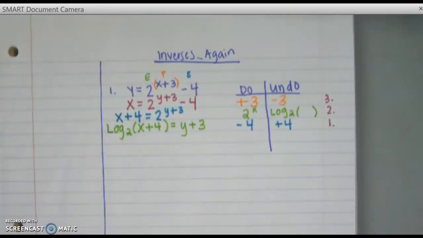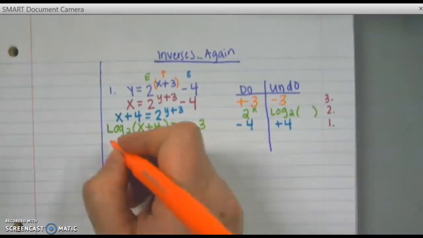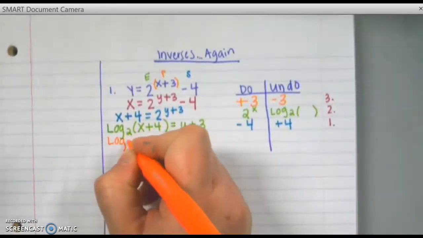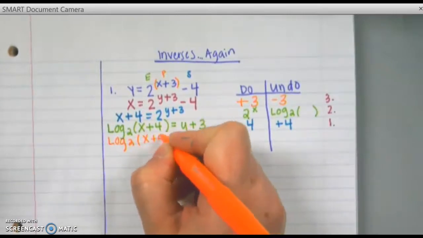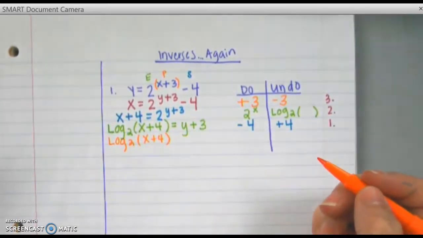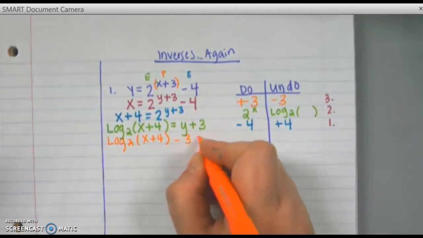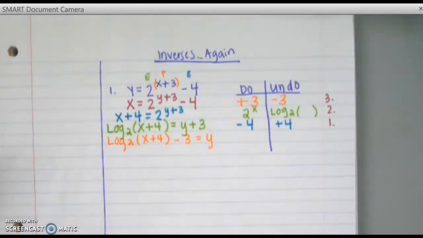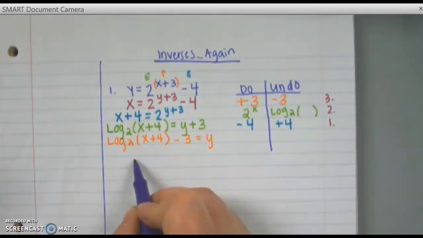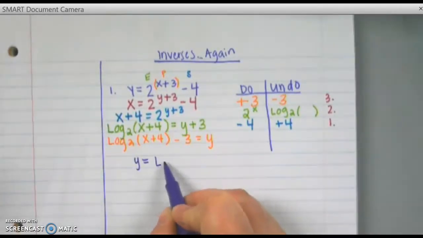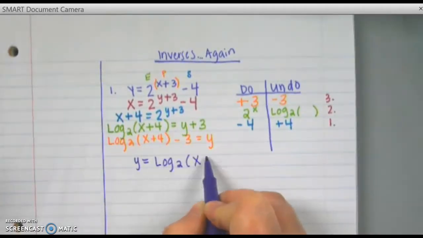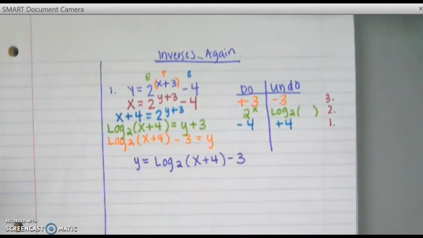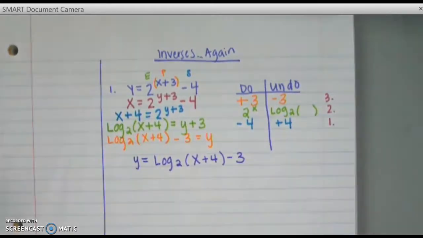Then from here, minus 3 on both sides. That's just going to be everything that I had from the previous step minus 3. Basically, each new step is everything from the previous step and then whatever new thing you're doing. And we just flop it around so that it's y equals. That is my inverse equation.